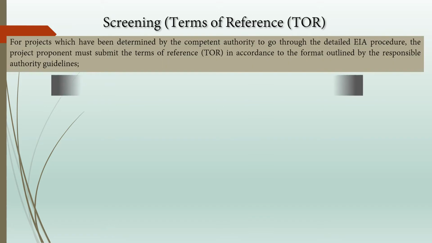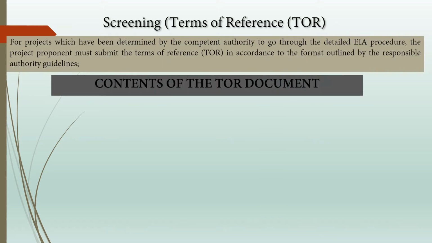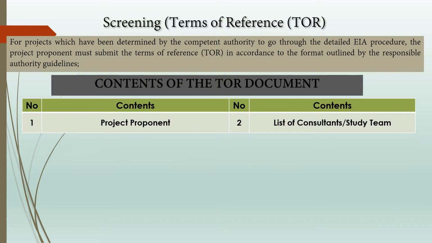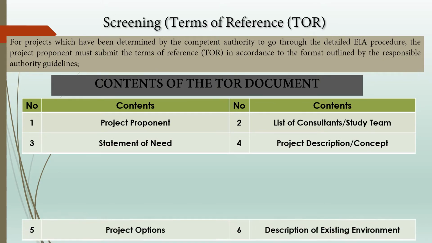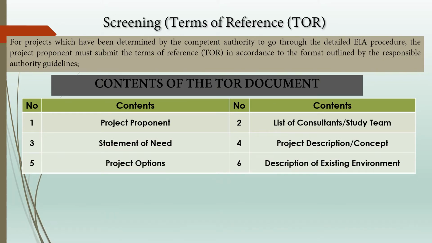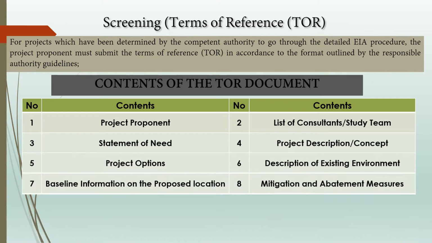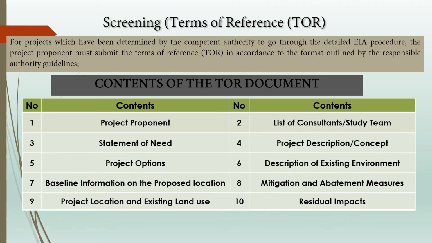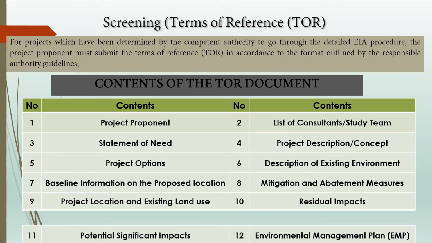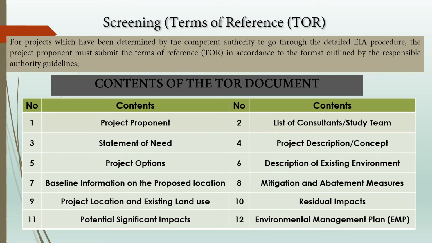The contents of the TOR document or terms of reference are project proponent, list of consultants, statement of need, project description, project options, description of existing environment, baseline information on the proposed location, mitigation and abatement measures, project location and existing land uses, residual impacts, potential significant impacts, and environmental management plan.